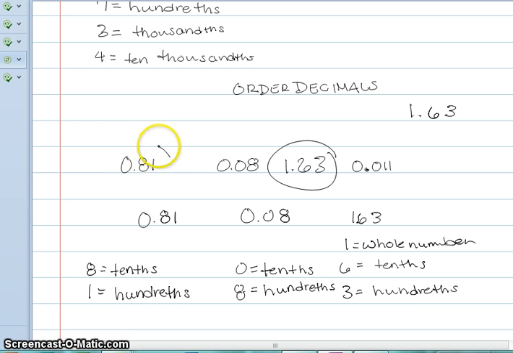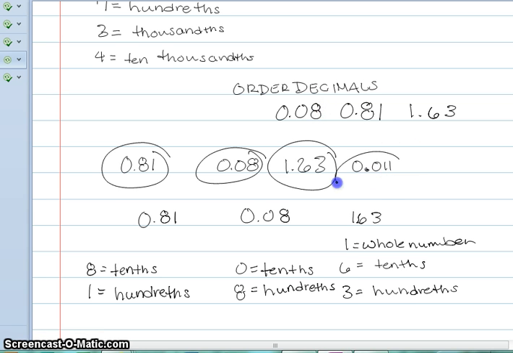And in this case, it's 0.81. And then we need to figure out which number has the higher hundredths place. And in this case, it's 0.08, leaving 0.011 left.